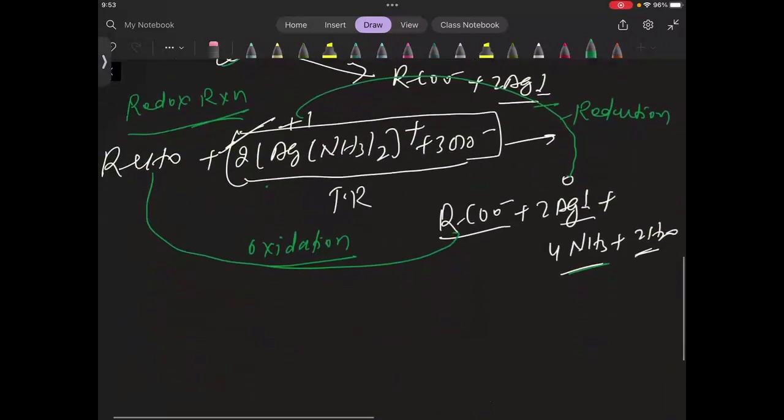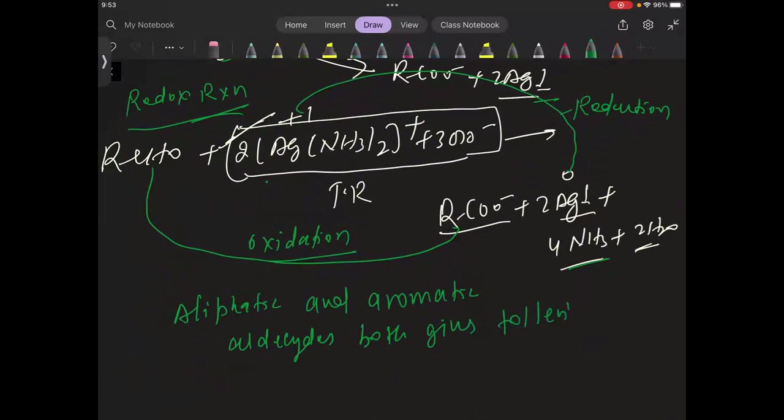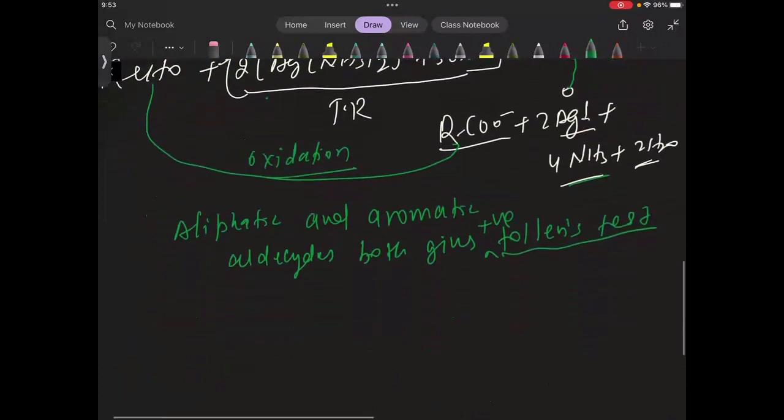Okay. Students, aliphatic as well as aromatic aldehydes both will give the Tollens test, a positive Tollens test. Why am I saying positive Tollens test?